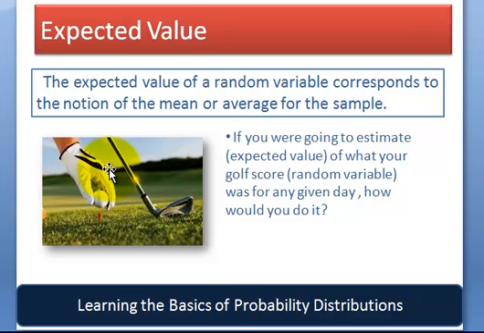What's your expected score on the golf? Well, intuitively, you would say, normally I shoot 90. And last week I shot a 95, a 90, and an 85, and I add those all up, and I might take an average of all my golf scores, and see how I did to get an expected value.